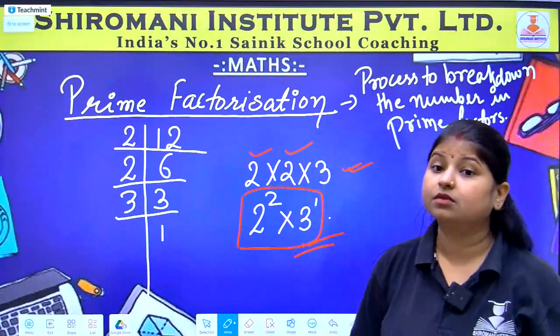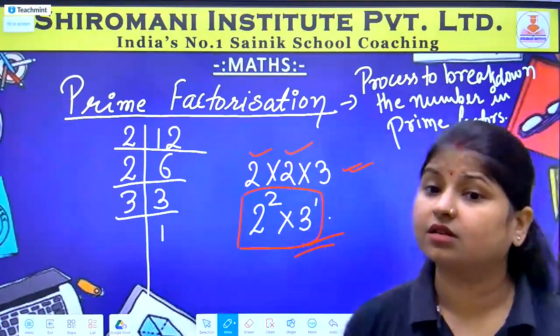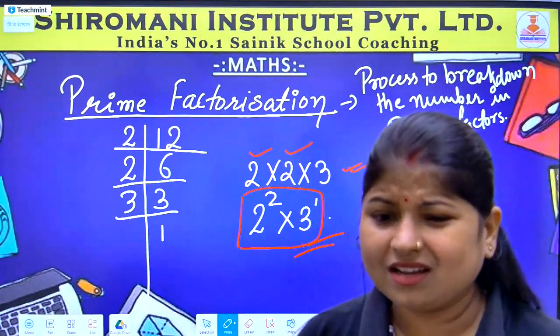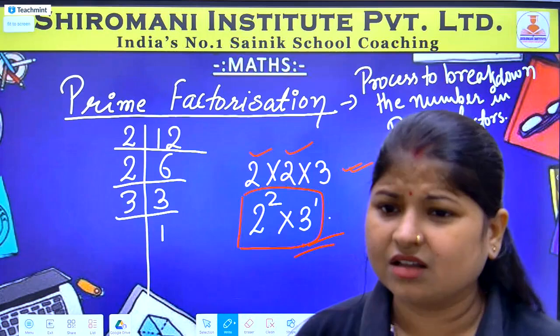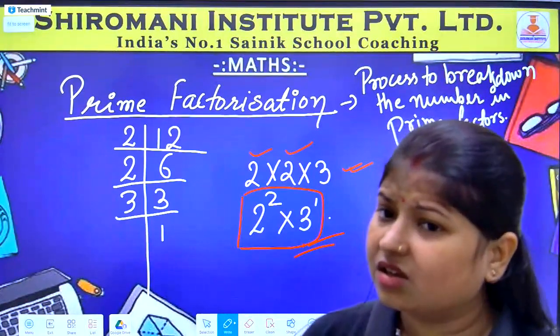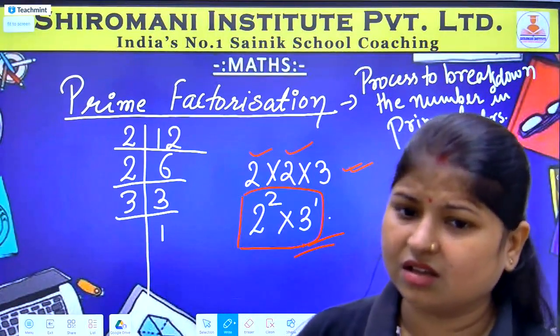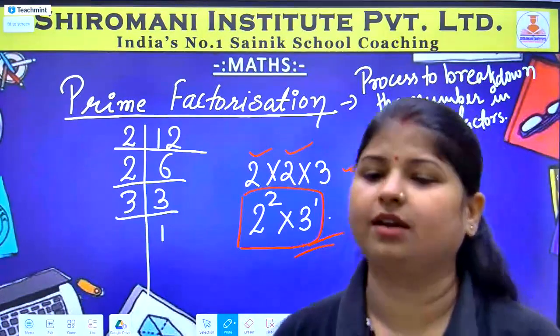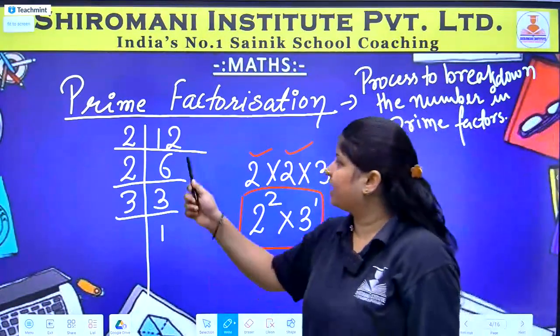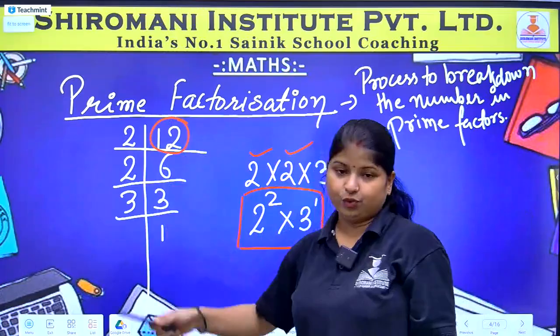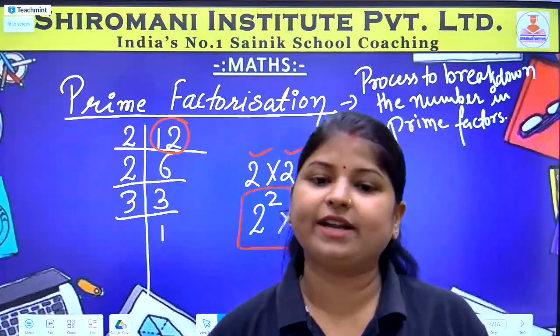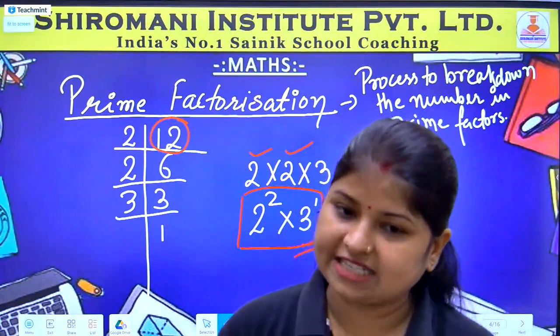Ma'am, how do we come to 2 and 3? Beta, whatever number is provided to you, like 12, you have to prime factorize 12.